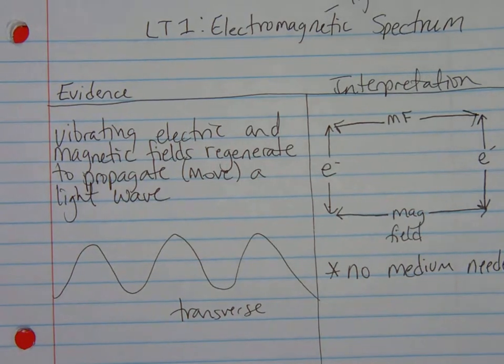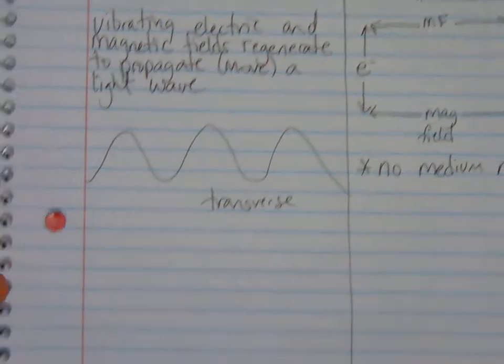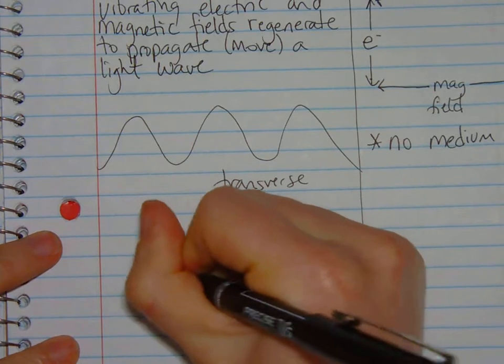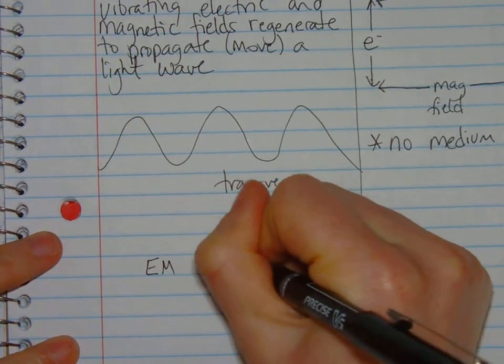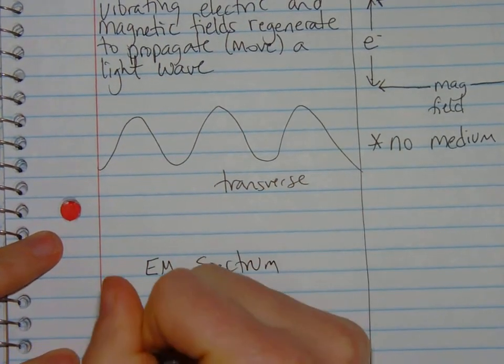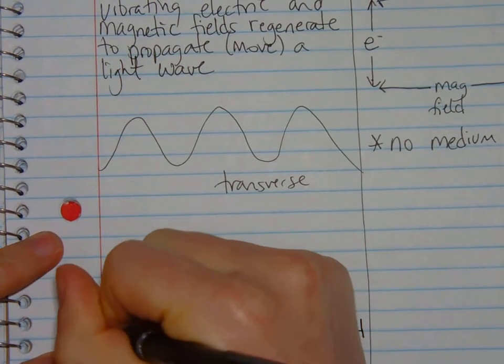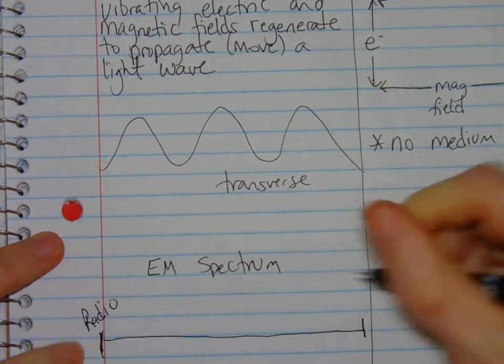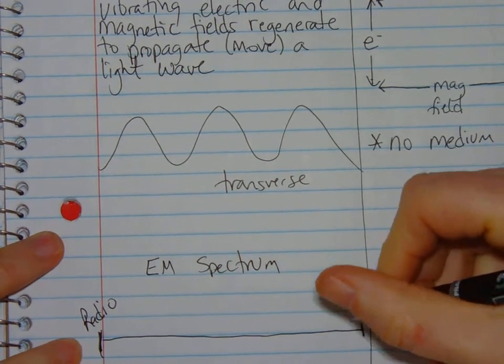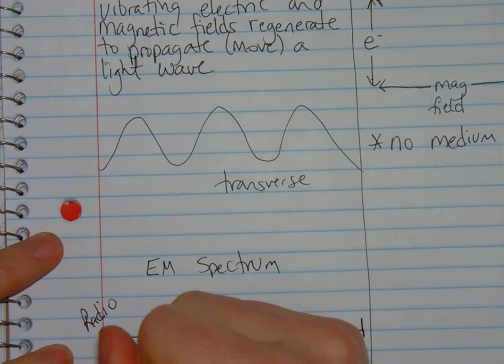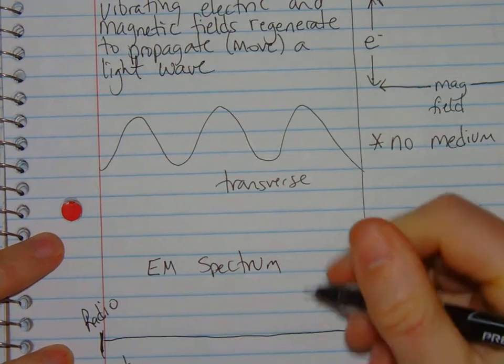Now, we're not going to put every single detail about the EM spectrum in our notebooks, but there are some trends we need to know. I'm just going to put the extremes in here. Hopefully we recall, because we talked about this before, the lowest energy end is radio waves.